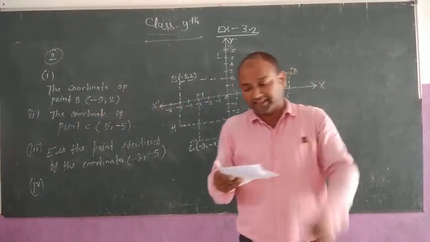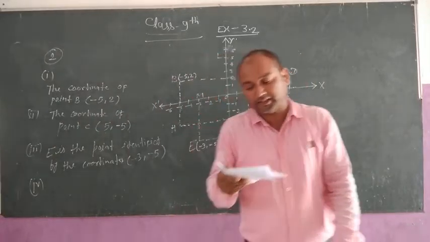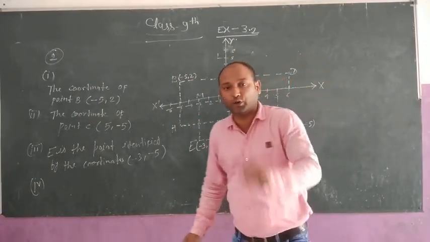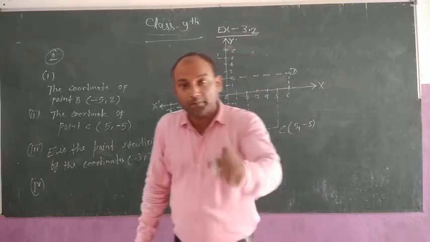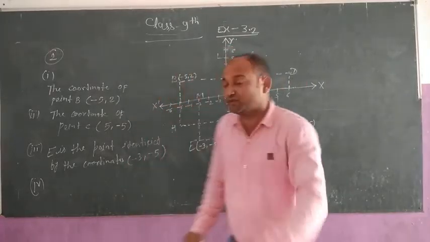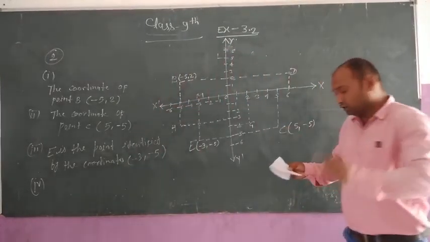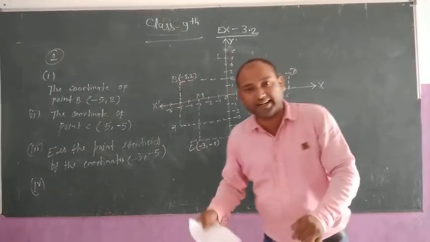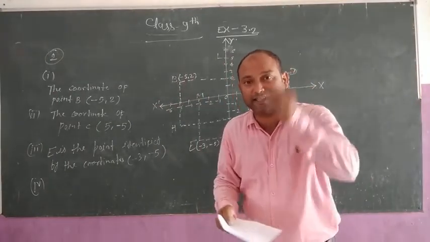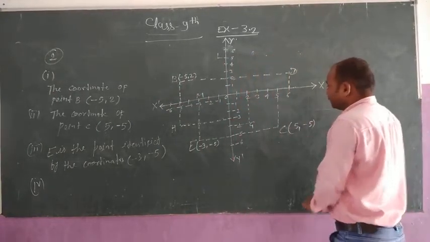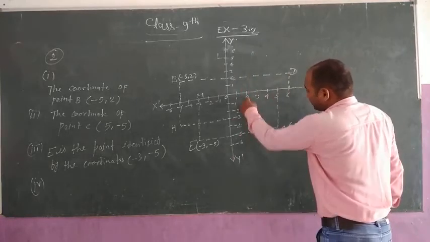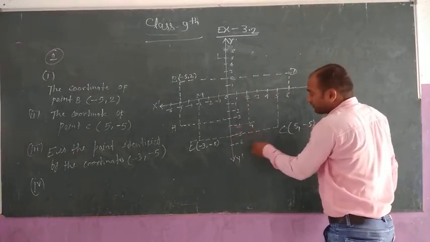And question number 4. The point identified by the coordinate 2 and -4. Plus minus means fourth quadrant. The x coordinate is 2 and y coordinate is -4.